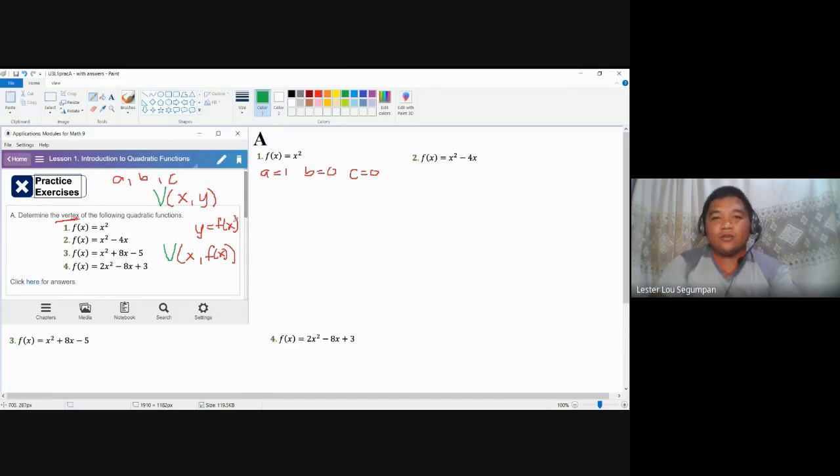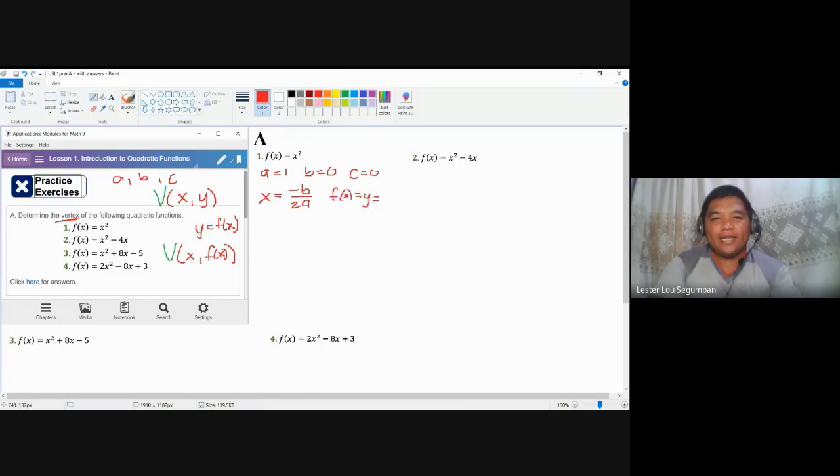But first, let us go to the formula. The formula for the x coordinate of the vertex is negative b over 2a. I'm not going to show you how it's derived. Let's just focus on determining the x coordinate. The f of x coordinate, or the y coordinate, also has a formula.